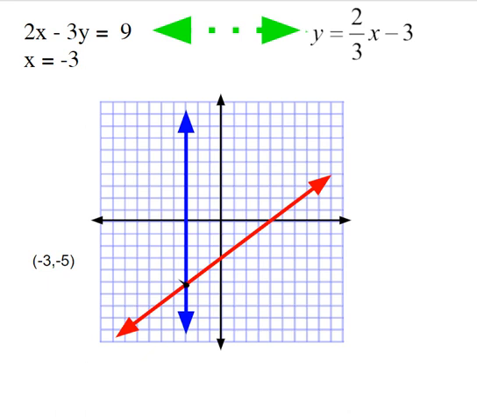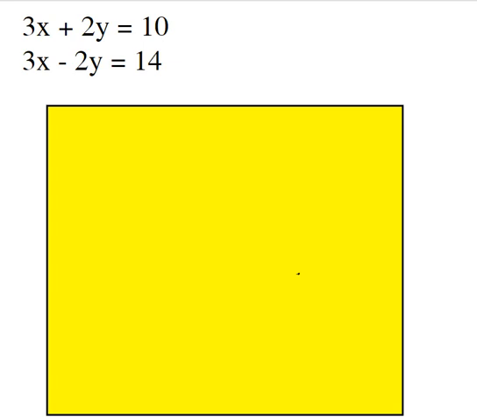I have one more for you where we're going to do a lot of rearranging. We have 3x plus 2y equals 10 and 3x minus 2y equals 14. Let's take a look at that first one. Neither equation is in the correct format of slope-intercept form, where y equals mx plus b, where m is the slope and b is the y-intercept. So let's rearrange that top one first.